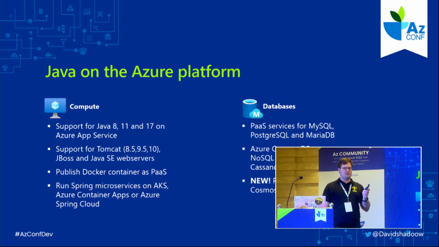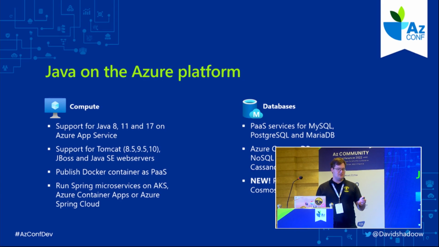When they launched Java 17, they dropped the support for Java 7. So it used to be Java 7, 8, and 11, and from April onwards this year, they only do 8, 11, and 17, which I think is good because we're already at Java 19, I believe, at the moment. So 7 really was too old.